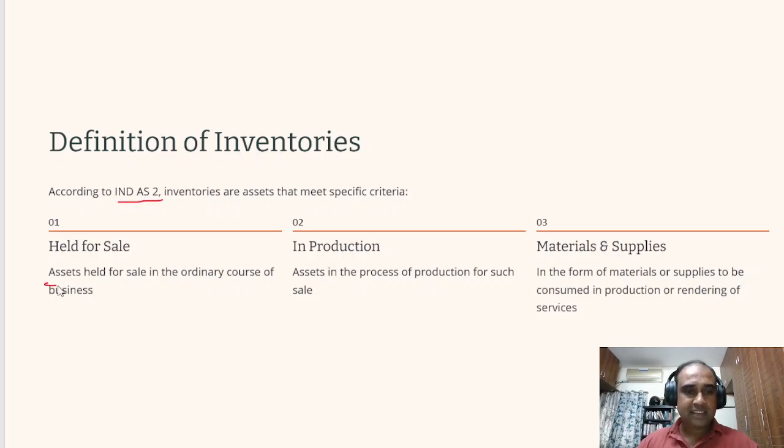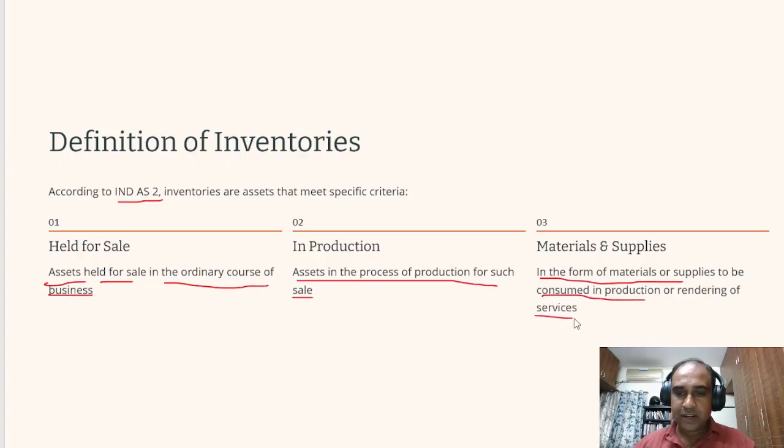Inventories are assets which are held for sale in the ordinary course of business, or assets in the process of production for such sale, or in the form of material or supplies to be consumed in production or for rendering of services.